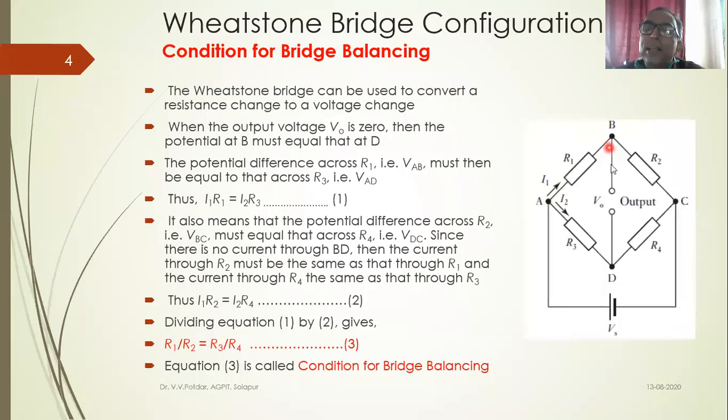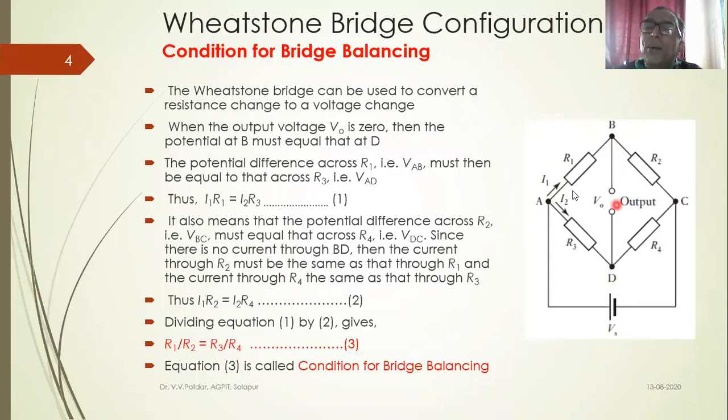So once there is no voltage or no potential difference, no current will be flowing between B and D, isn't it? So zero voltage at output initially. So what does that mean? Potential at B is equal to potential at D, isn't it?